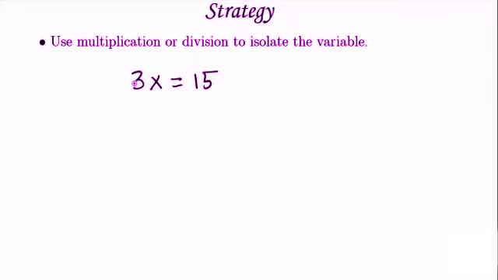And remember, you need to do the opposite operation in order to isolate a variable. So as discussed with subtraction and addition, you need to do the opposite operation. In this case, that would be division. So what I'm going to do is divide by 3.